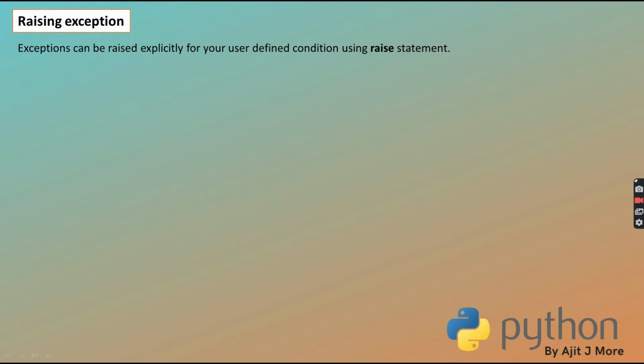Agreed? So coming to the discussion, see, exceptions can be raised explicitly for user defined conditions. Now these are the conditions which are not from the listed ones. Like your email ID doesn't contain @, your salary is negative, or number of days entered is greater than 31. So are these problems from the listed problems?